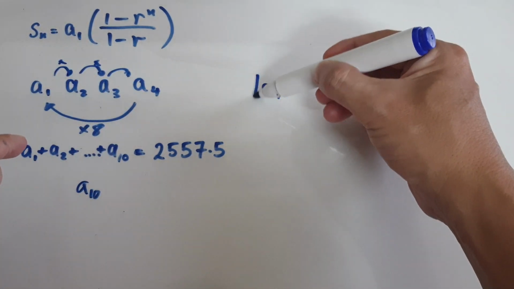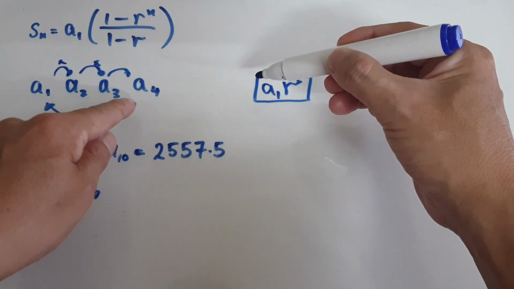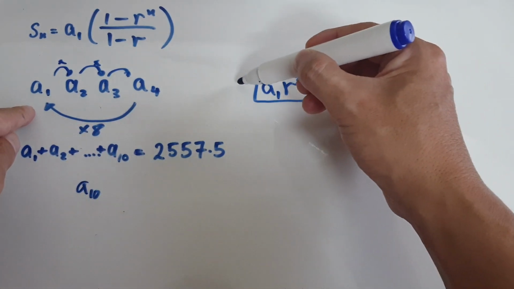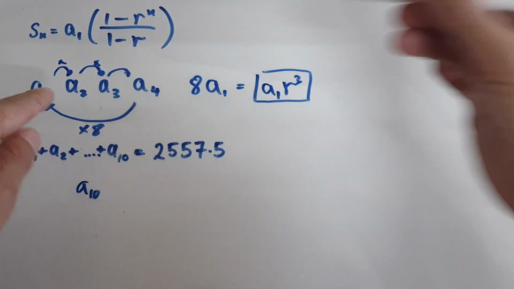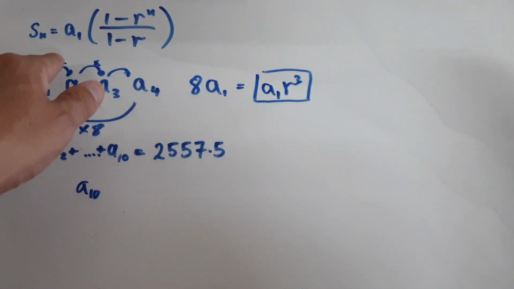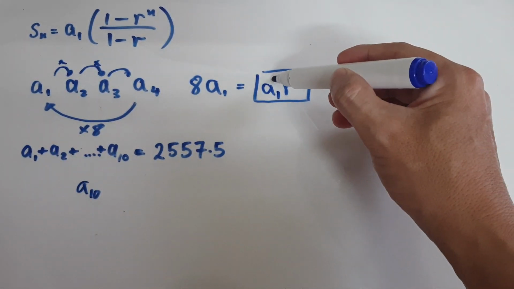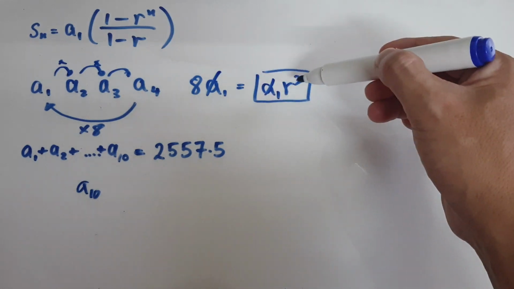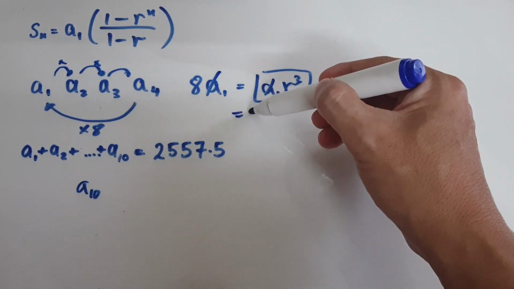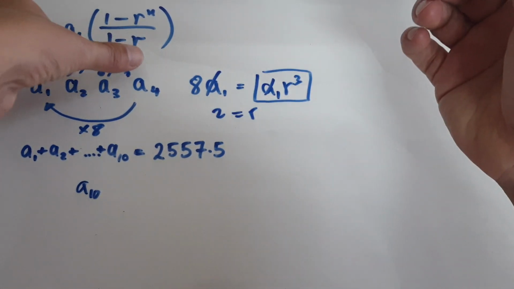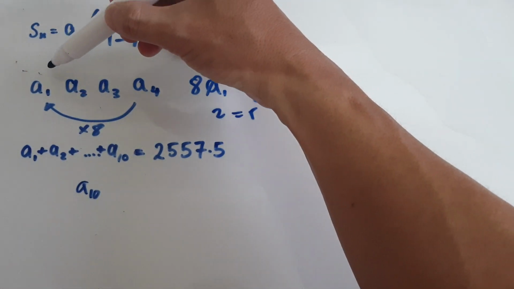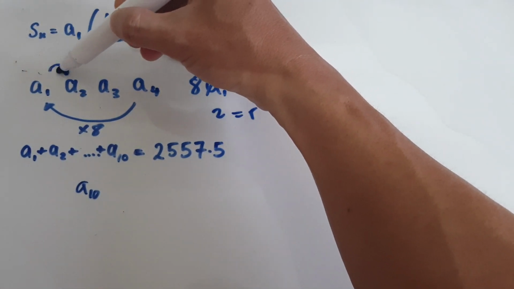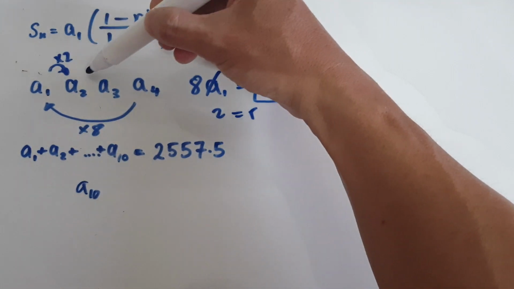And you're told that this is 8 times larger than the first term, A1. So you can put it into an equation and then find r. The two a's will cancel each other out. Take the cube root of both sides. So r equals 2. Your sequence is times 2 each time, where the common ratio is 2.